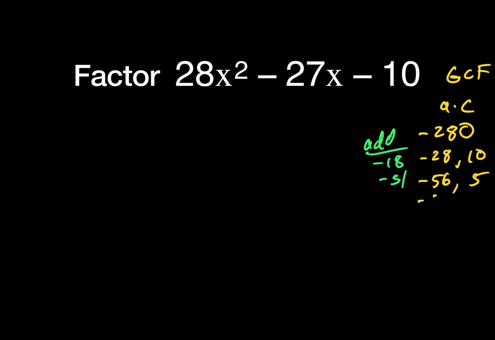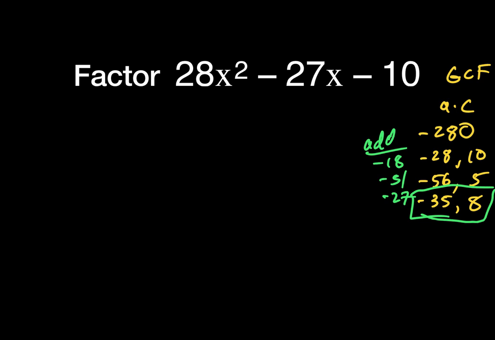Negative 35 and 8. So 35 times 8 multiplies to 280. Negative 35 plus 8 adds to negative 27. So this is the pair that I'm going to use for factor by grouping.